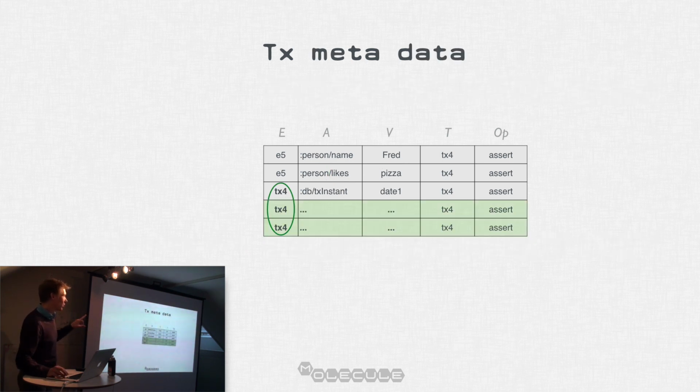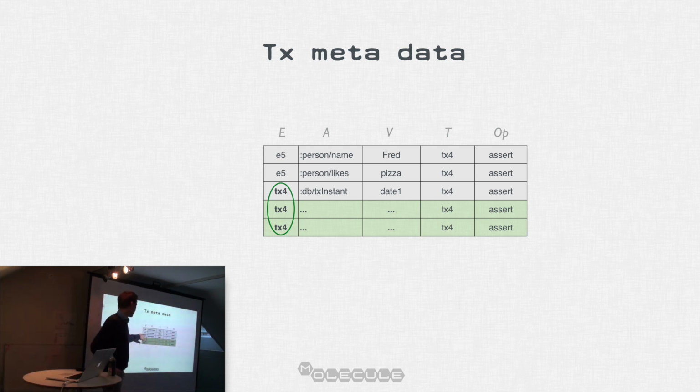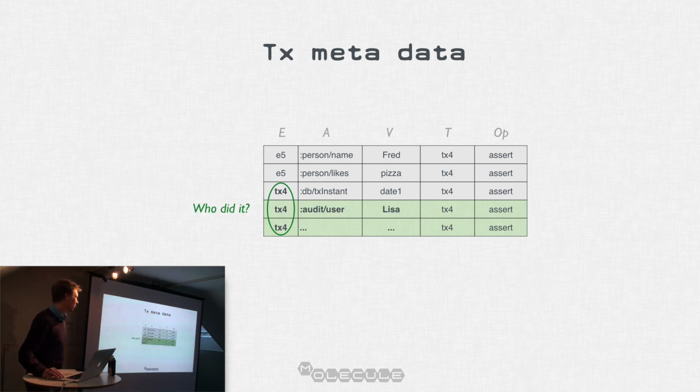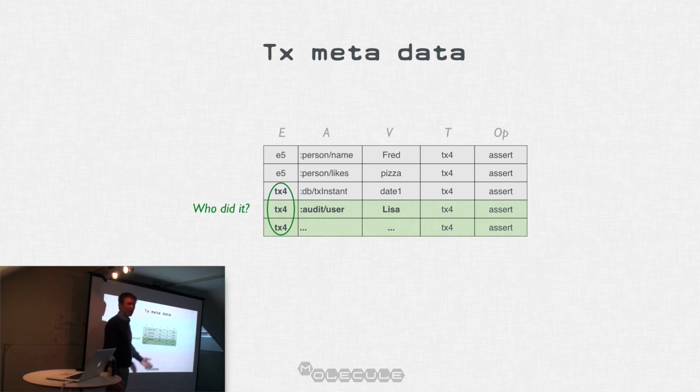So here comes a really interesting thing, which is that you can add transaction metadata, because if a transaction is just an entity that groups attributes, then you can define other attributes that you save with that entity. So you have that entity, so you can create some new attributes. For instance, who made a change, right?